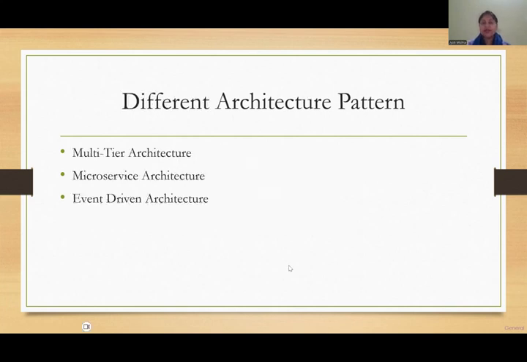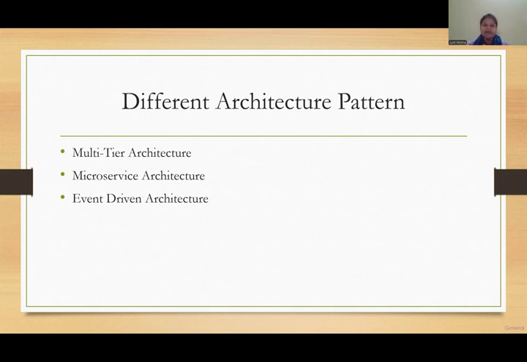We'll study three architecture patterns. One, the multi-tier architecture pattern, which is also called n-tier. Here you would have studied three-tier architecture and two-tier architecture, and you would have evolved in an organization from two-tier to three-tier to n-tier, etc. Then the most common one, the microservice architecture pattern, and finally the event-driven architecture pattern.